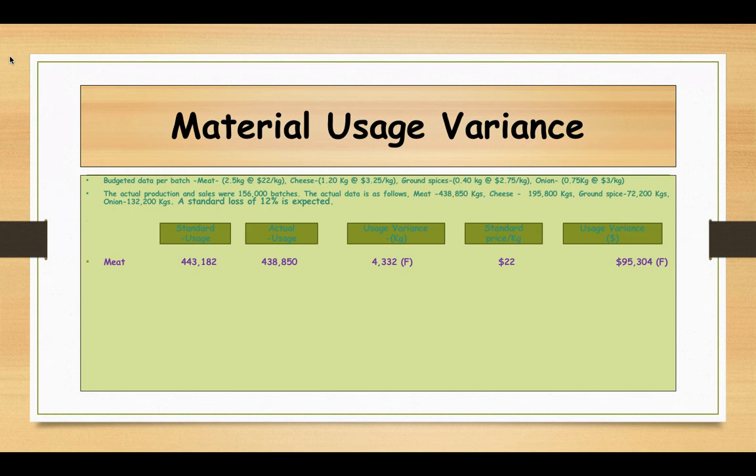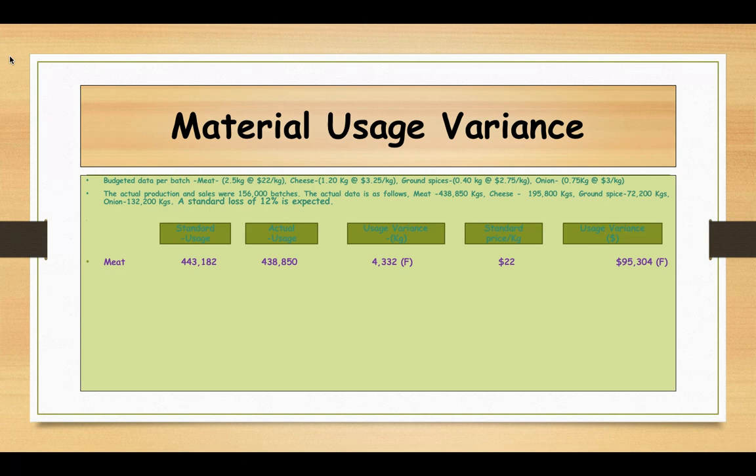So how much is 100%? It is 156,000 times 2.5 divided by 88%. You will get 443,182 kilograms. So you have to be very careful to divide your standard usage by 88% here.